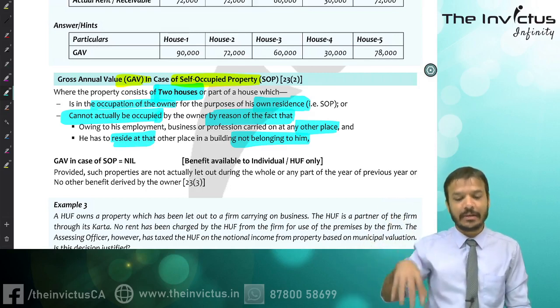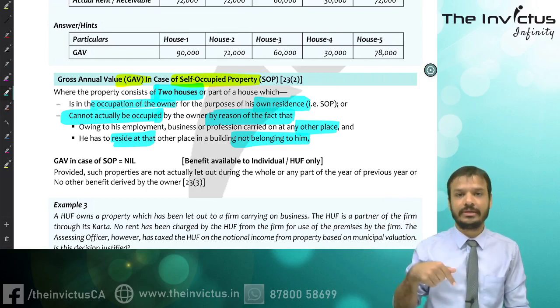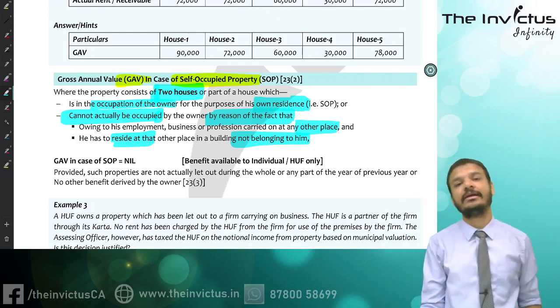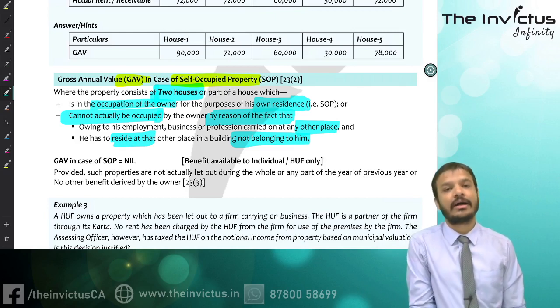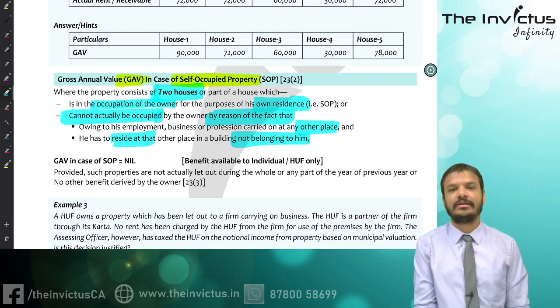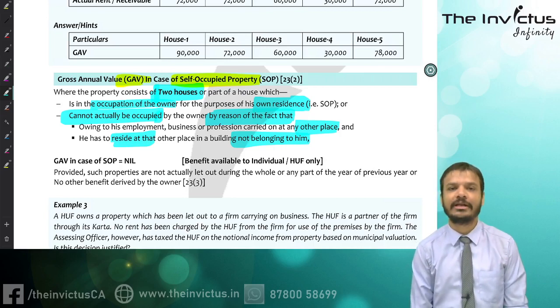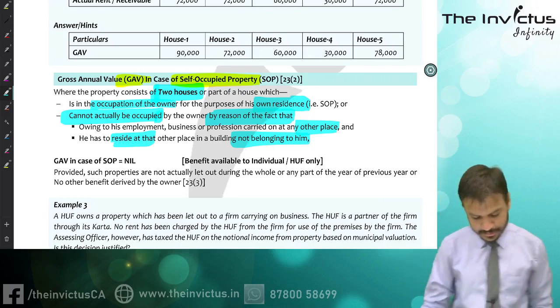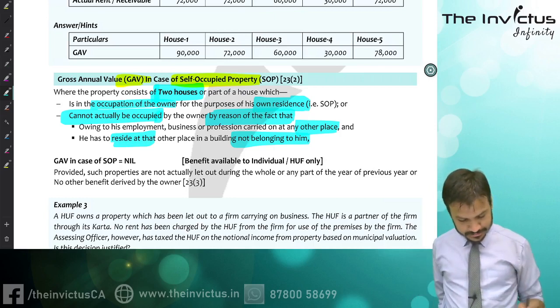It means in Ahmedabad, if I am living, then the property must not belong to me. If I already have property in Ahmedabad also and I am residing in that property, then I cannot say the property which is in Baroda is self-occupied property. I cannot declare that property as self-occupied. Clear? Right? So two conditions are there.